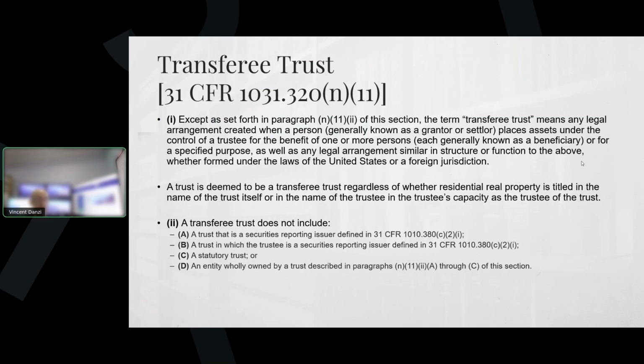A trust is deemed to be a transferee trust regardless of whether residential real property is titled in the name of the trust or in the name of the trustee in his capacity as trustee of the trust. Like the transferee entities, trusts that are securities reporting issuers, or where the trustee of the trust is a securities reporting issuer, would be exempt. Any transferee trust that is owned by those exempt transferee entities would also be exempt.